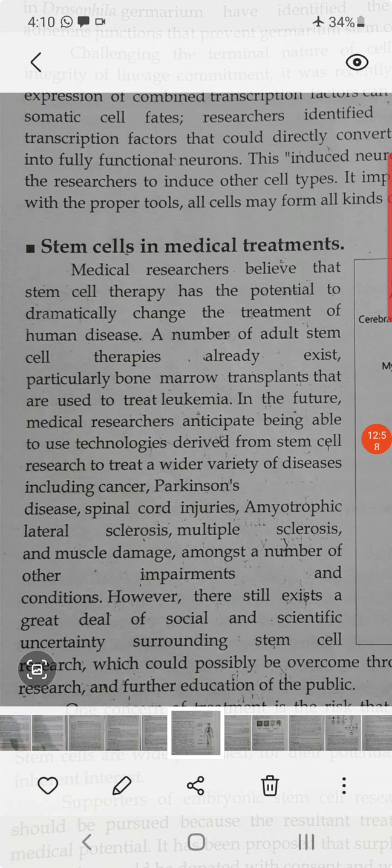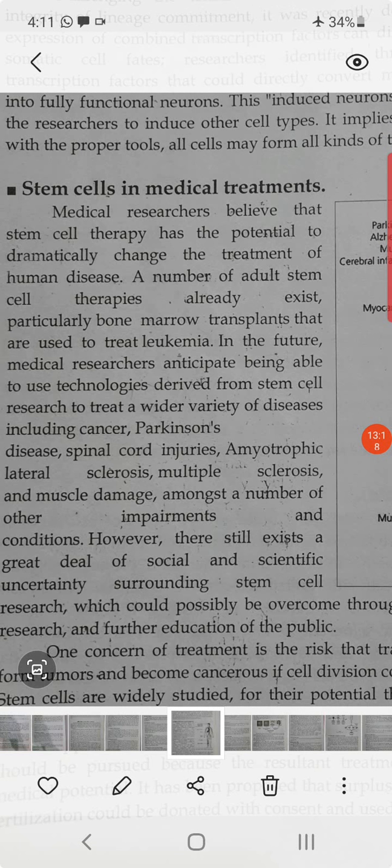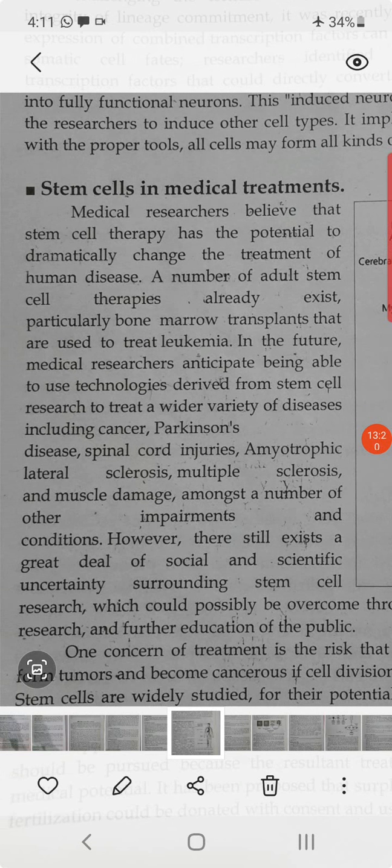A number of adult stem cell therapies already exist, particularly bone marrow transplants that are used in the treatment of leukemia. In the future, medical researchers anticipate being able to use technologies derived from stem cell research to treat a wider variety of diseases, including cancer, Parkinson's disease, spinal cord injuries, amyotrophic lateral sclerosis, multiple sclerosis, muscle damage, amongst a number of other impairments and conditions.